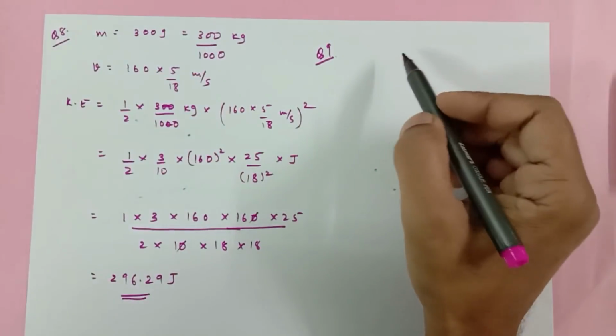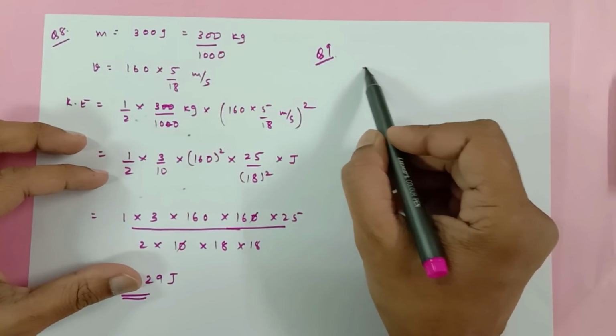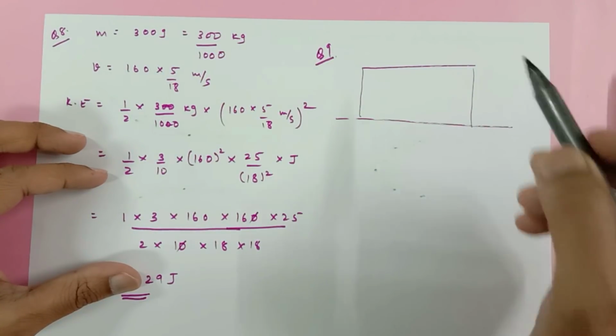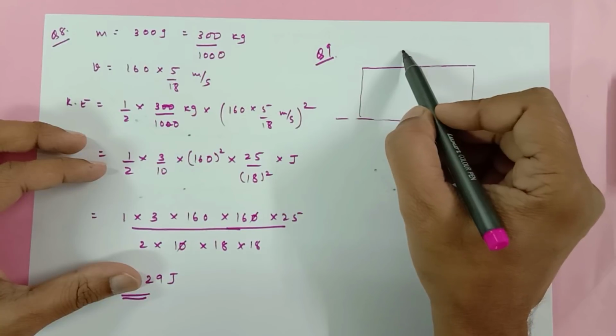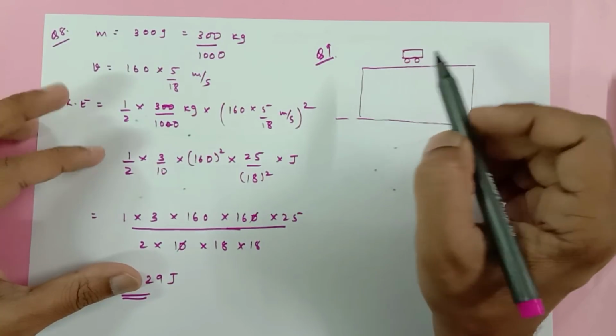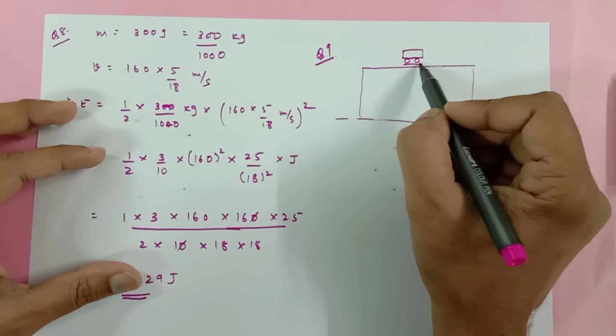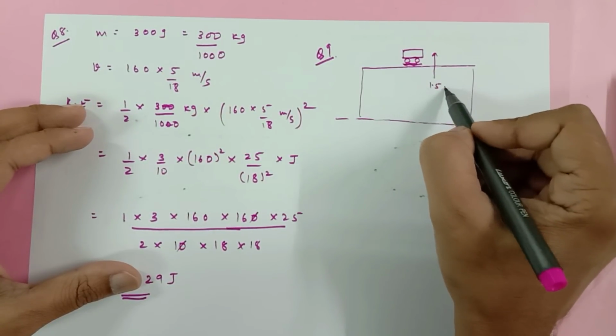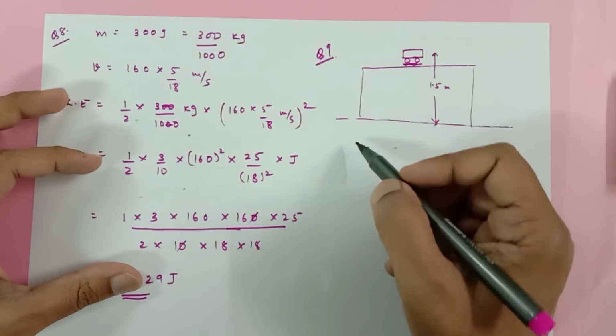So if we draw the situation, you can consider this as a small mountain type, and the scooter, I am very bad at drawing, so I am drawing this as a scooter, right? And this scooter is at a height of 1.5 meter above the ground, correct?